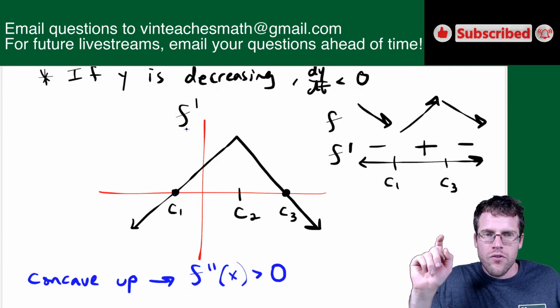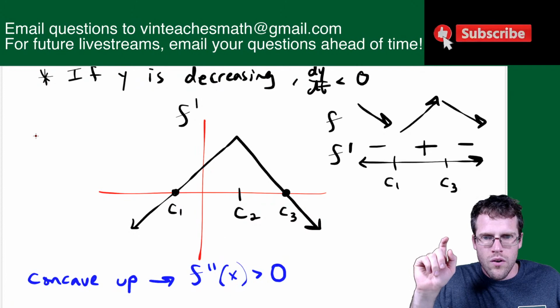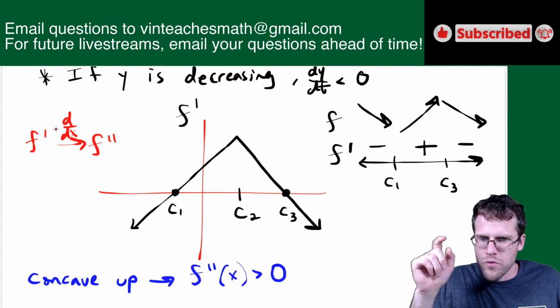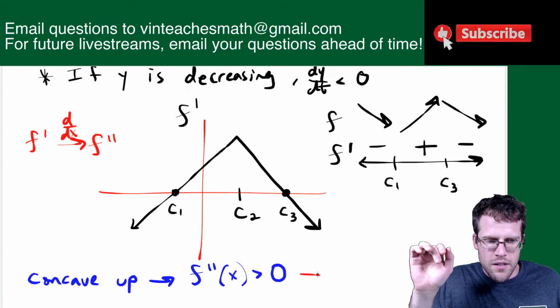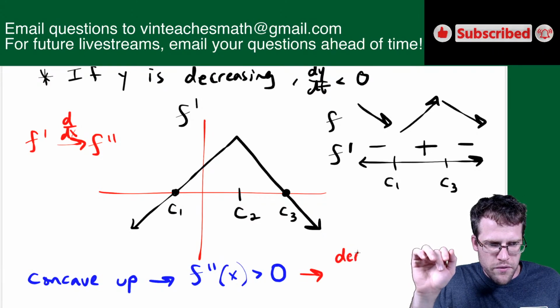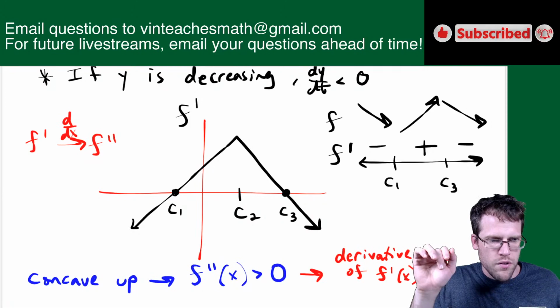However, if we have a graph of f prime, we have to think about how you go from f prime to f double prime. You take a derivative with respect to x. So another way of saying this is that the derivative of f prime is greater than 0.